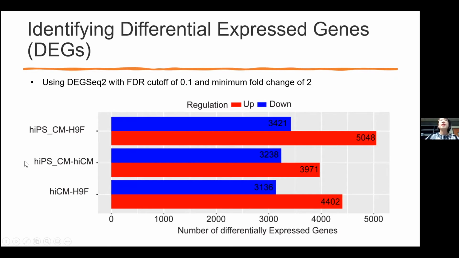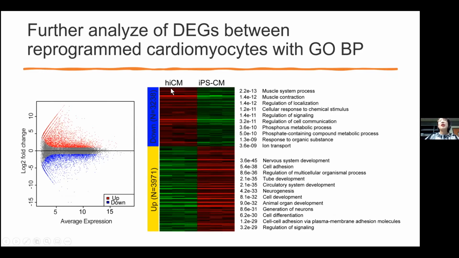We were focusing on the iPSCM-derived cardiomyocytes and HICMs. So by zooming in on the comparison of HICMs and iPSCMs, we analyzed the DEGs with gene ontology of biological process. Here is an MA plot showing that there are a lot of genes that express differently between HICMs and iPSCMs.